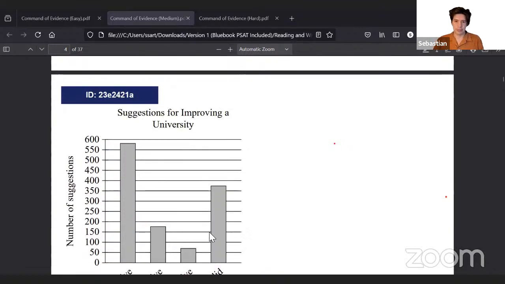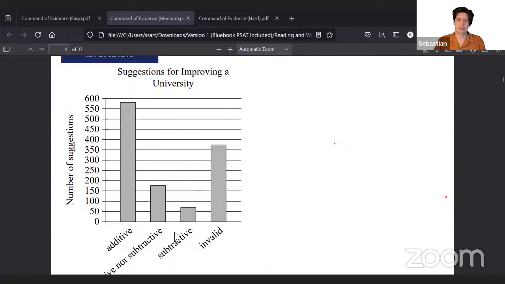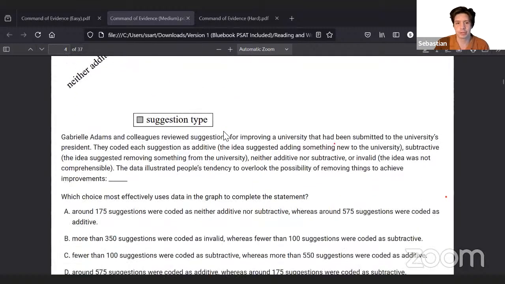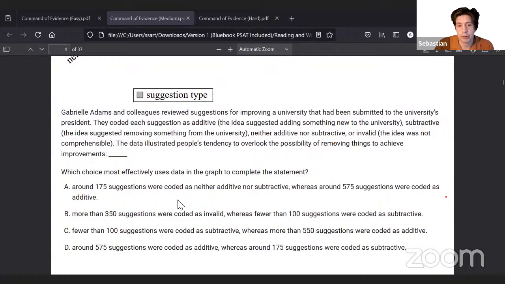Some are invalid, so we can't understand. And then there's some that are neither, and very few think subtractive. So around 175 suggestions were coded as neither additive nor subtractive, whereas around 575 were coded as additive. That doesn't work, right? Because it is not about being additive.